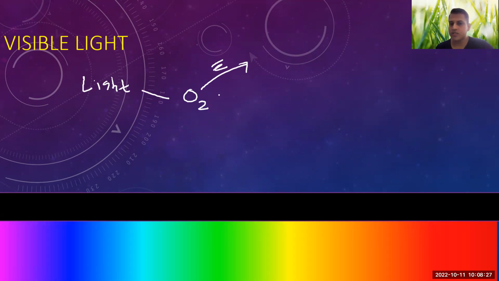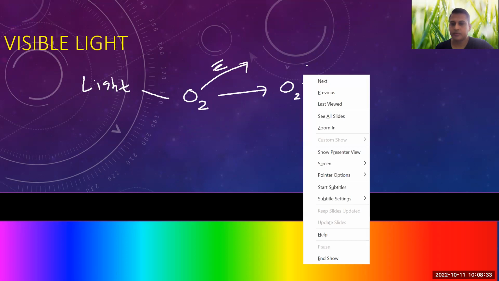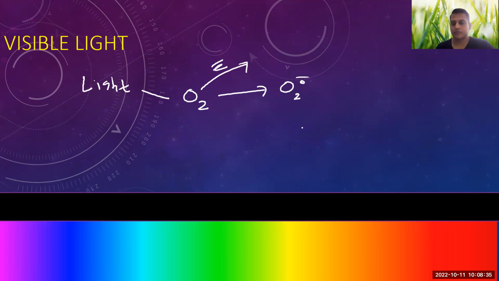After oxygen loses its electrons, the oxygen becomes reactive. So this molecule is very reactive because it lost electrons, and the molecule is not stable.